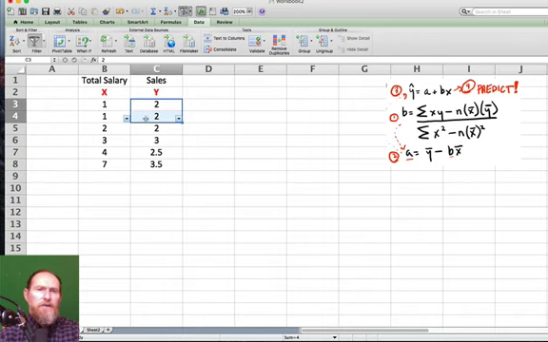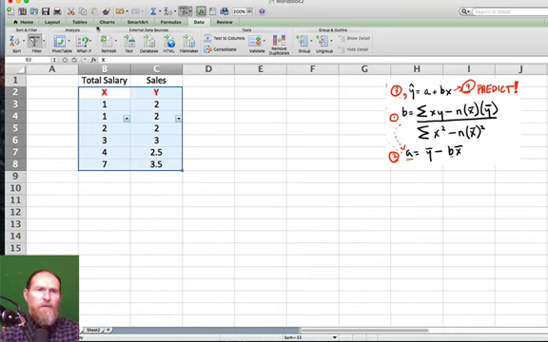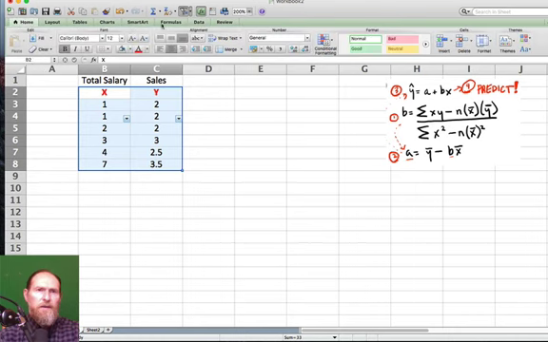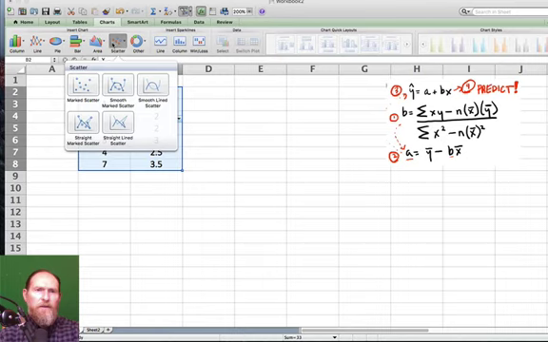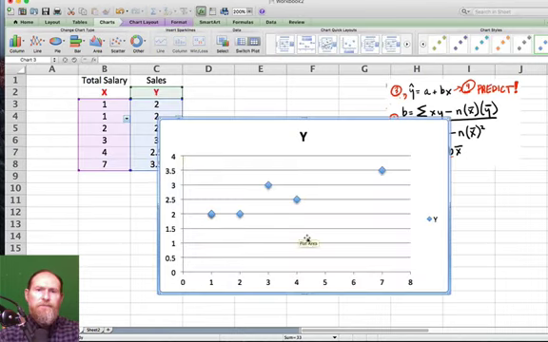We can see here, again, we still want to see that we have a trend of some sort before we start using a method. And we can see that we have somewhat of an upward trend. As salary increases, so does sales. That's really what this is telling us.